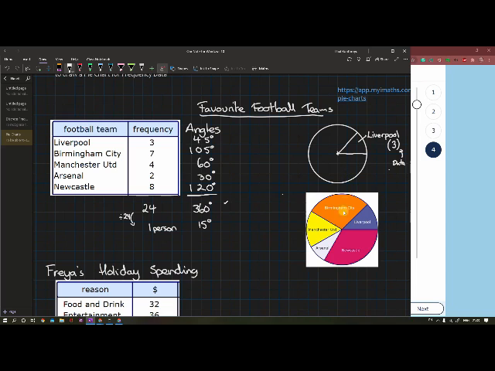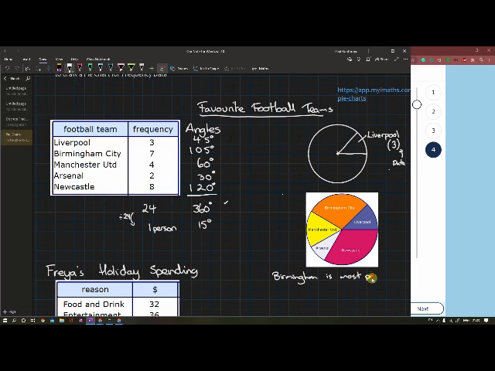A nice thing to also show with these would be to write a little sentence after it. So if we look at that sentence, we've drawn it, and from the pie chart, you can actually say Birmingham is most popular.